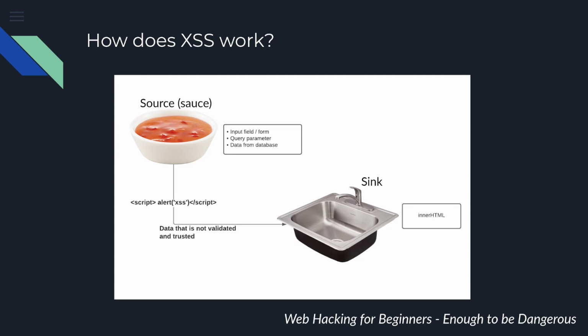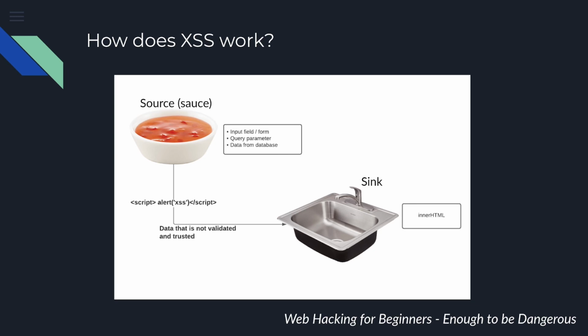But at the end of the day, that source is going to contain some kind of malicious string, such as the script tag that you see, alert XSS. And essentially, it's data that is not validated and completely trusted. Usually, cross-site scripting comes about when the maintainers of an application or a website blindly trust whatever the user is providing. And then they just kind of feed that content right back into the website.